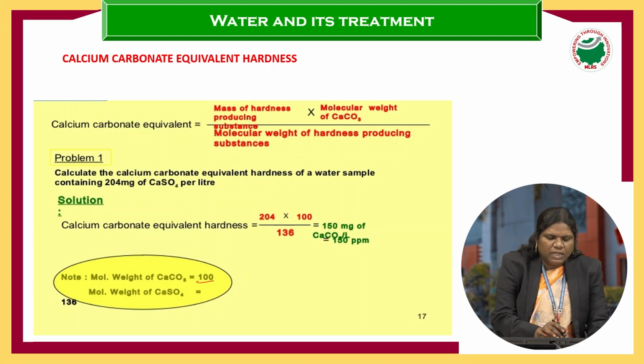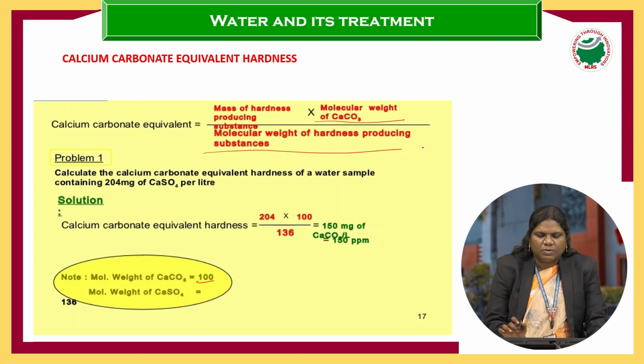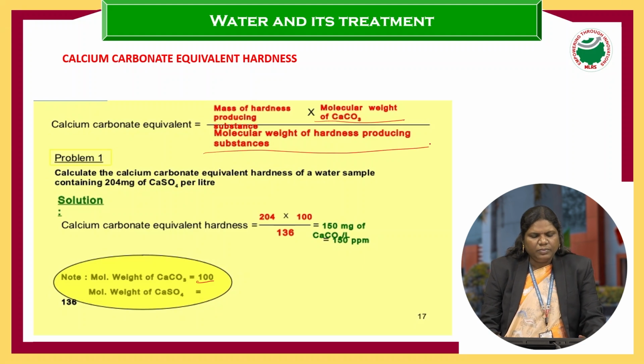Calcium carbonate equivalent equals mass of hardness producing substance times molecular weight of the calcium carbonate divided by molecular weight of the hardness producing substance. We convert the hardness of the substance into calcium carbonate equivalent because of the ease of calculation and because it is the most insoluble salt also.